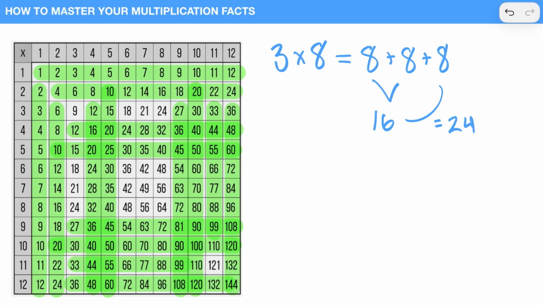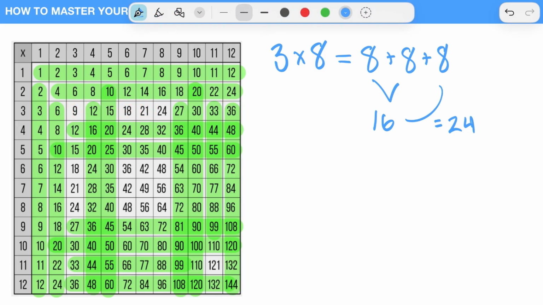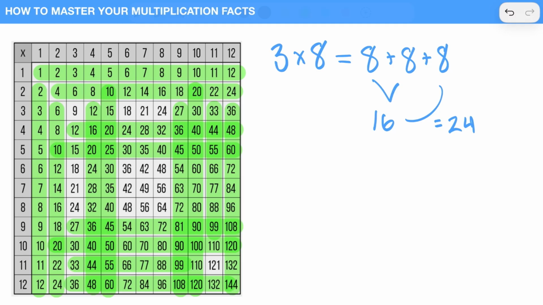And you can apply this to 8, which we just did, 7, 6, and 3 as well. 3 plus 3 plus 3 is 9. So I'm going to go ahead and highlight our 3 row and column like so. And now we've got a few numbers left. Look at that.